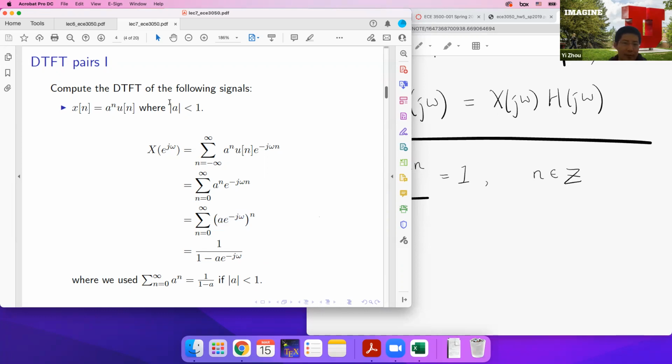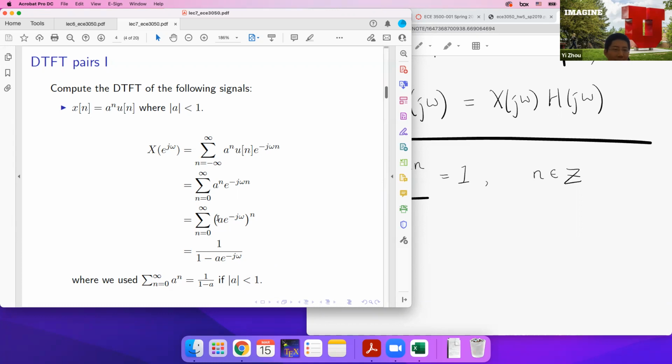Because the magnitude of a is strictly less than 1, the magnitude of the entire complex number is still strictly less than 1. Then we can conclude that this series is convergent and takes a simple form. We can leverage the infinite geometric series formula: if the magnitude of a is less than 1, then the series converges to 1 over 1 minus a.